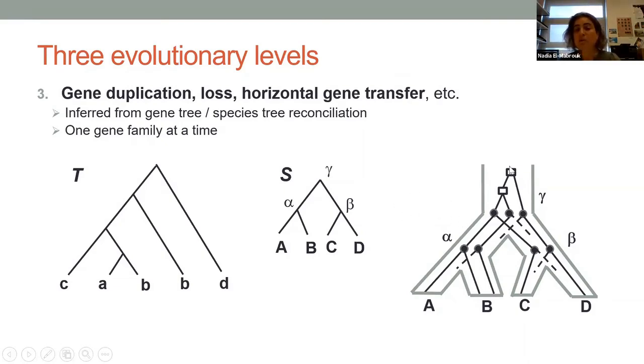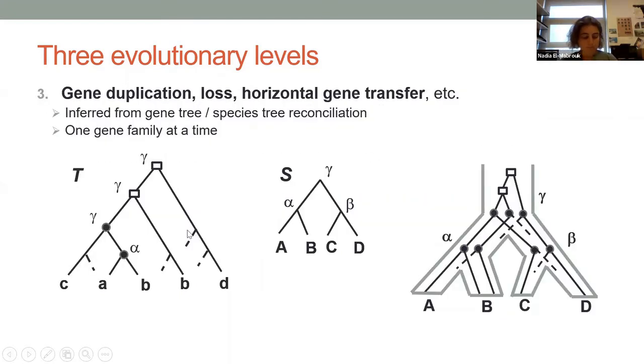Here, the squares are duplications, the circles are speciation events, and the dotted lines are losses. So we can infer the evolution of the gene tree. We had one duplication before the first speciation of the genomes, and a second duplication, etc., and losses.